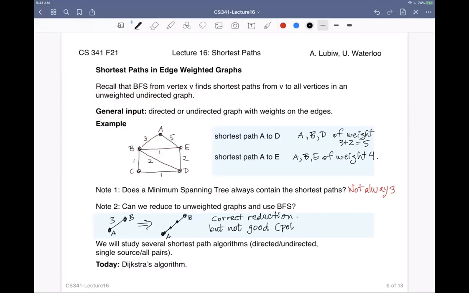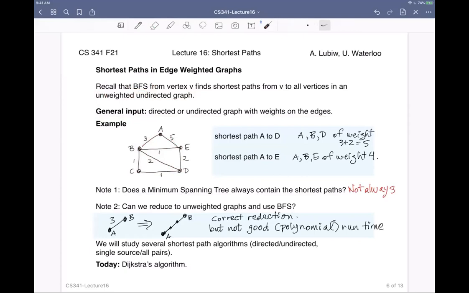I know Professor Brown mentioned this, but we're going to talk a lot more about what is polynomial runtime. And this is not a case of getting a good runtime. If I had an edge weight of 100, instead of doing on a word RAM my unit cost operations on 100, I would be changing that into 100 weight 1 edges and taking time proportional to the number 100 rather than log of 100.